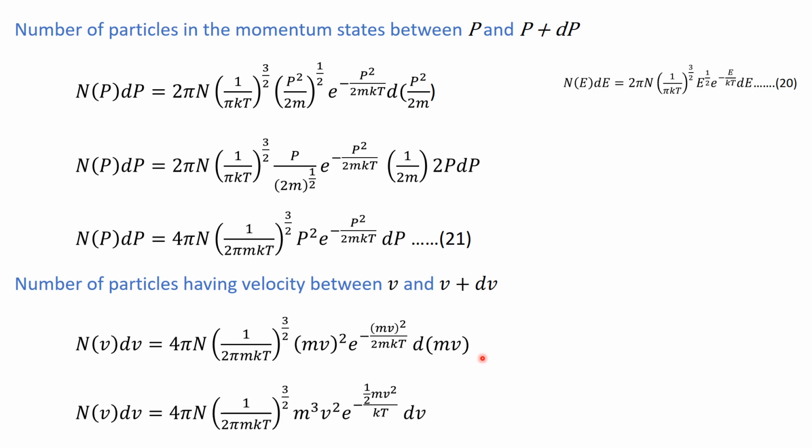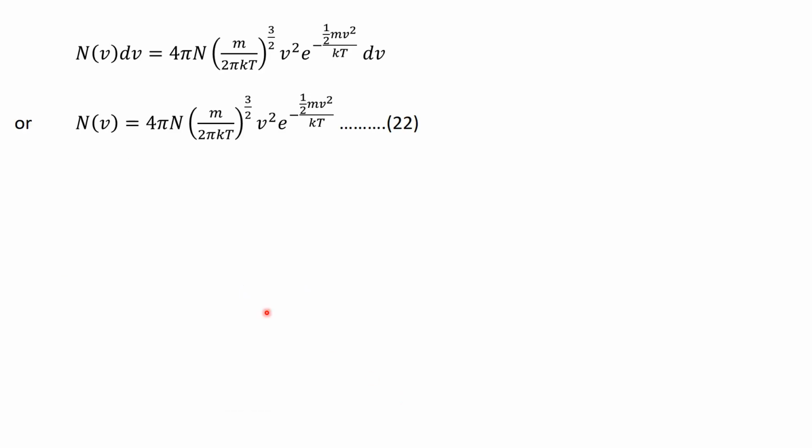You do some calculation and simplification, and it will give you this relation, so the number of particles is a function of velocity. Counting velocity means counting the number of particles.